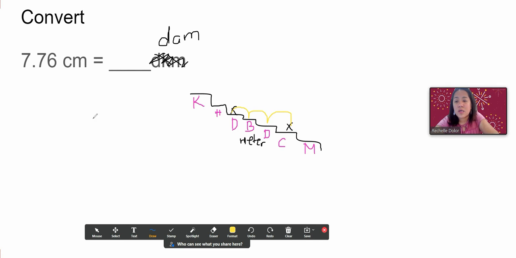So 7.76. Let's move it 3 times. 1, 2, 3. So the answer is 0.00776 for this one. Okay, so that's how we convert for this number.